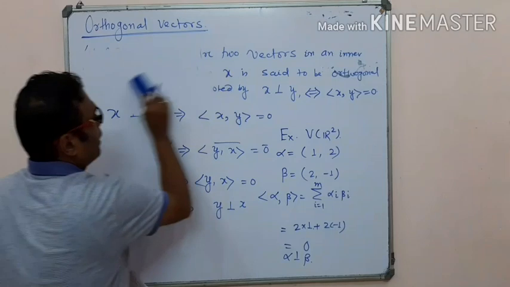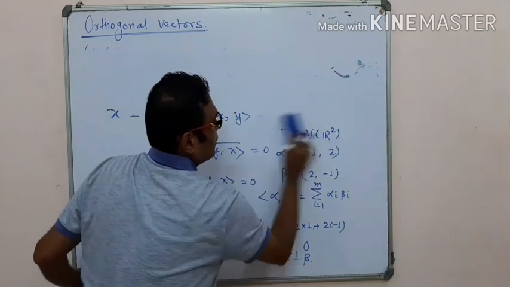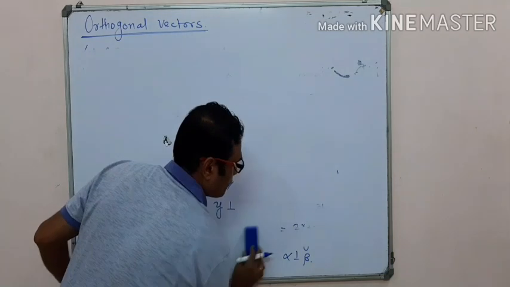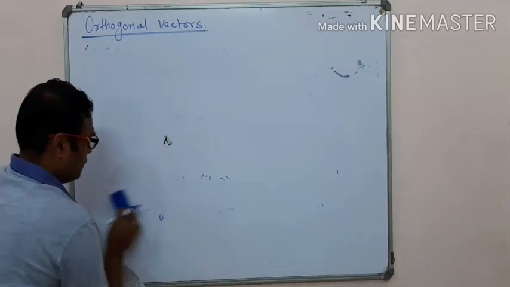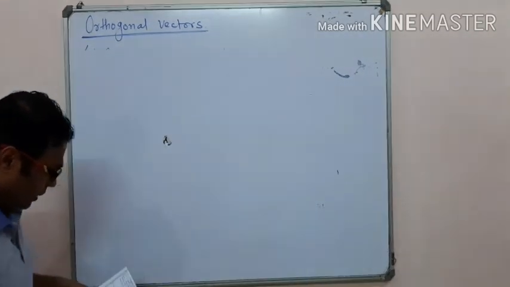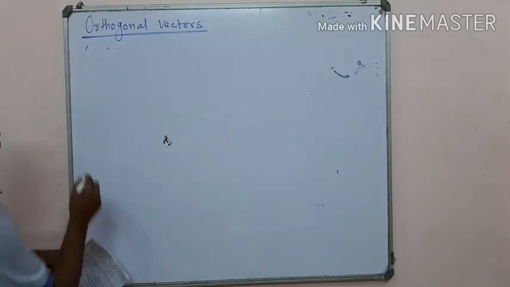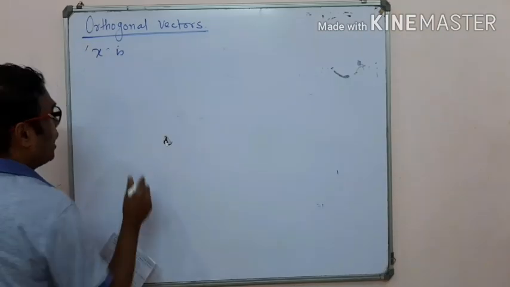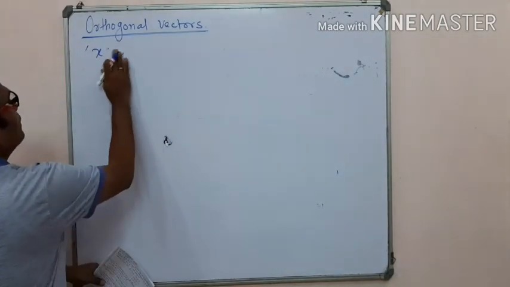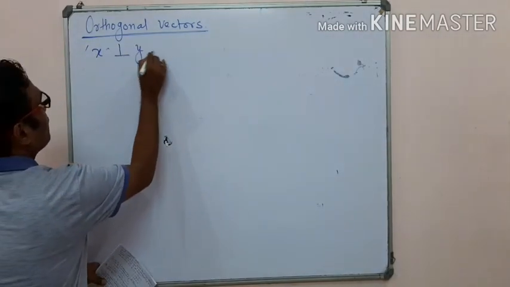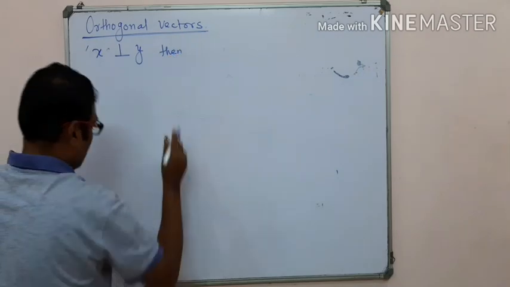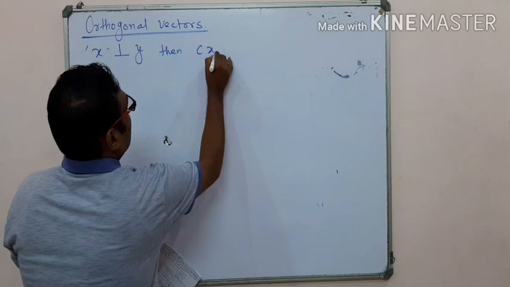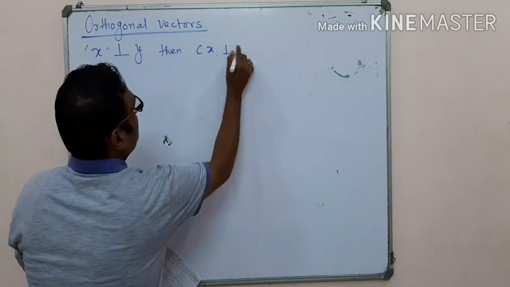Now we have some remarks. If x is orthogonal to y, then Cx is orthogonal to y.